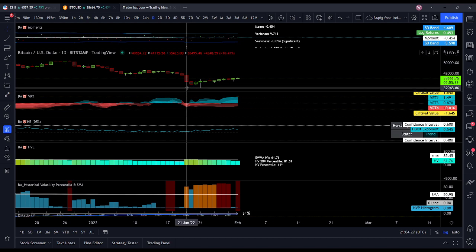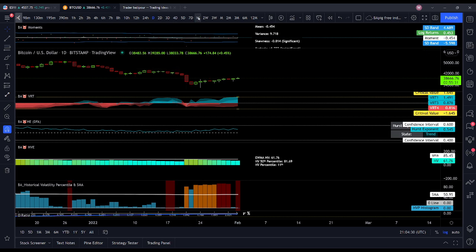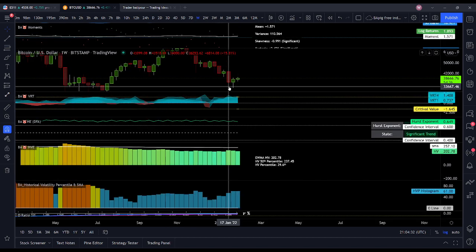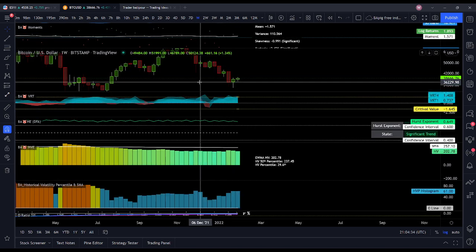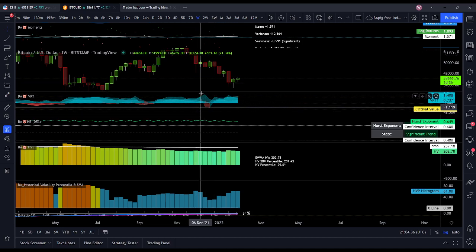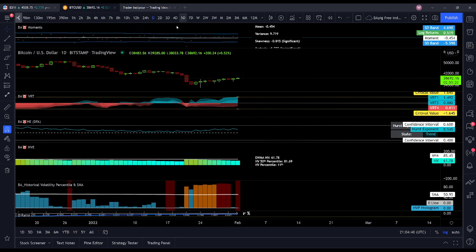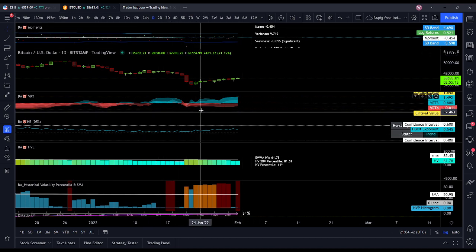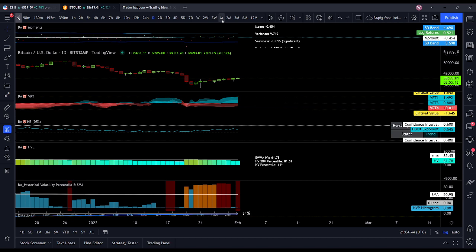You might not see that with a weekly, because it takes 7 days and a close to update this indicator, as opposed to 24 hours. So there's a huge shift going from a weekly to a daily, and the same from a monthly to a weekly, or from a daily to a 4 hour.